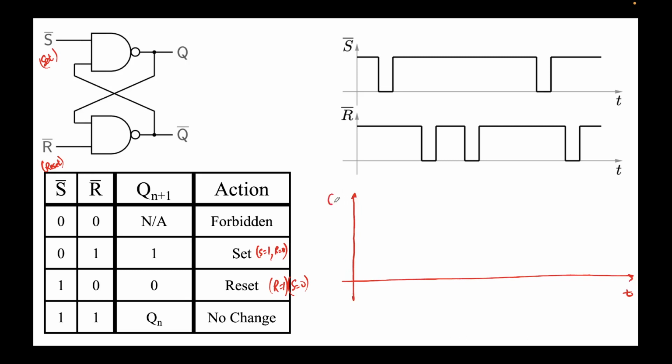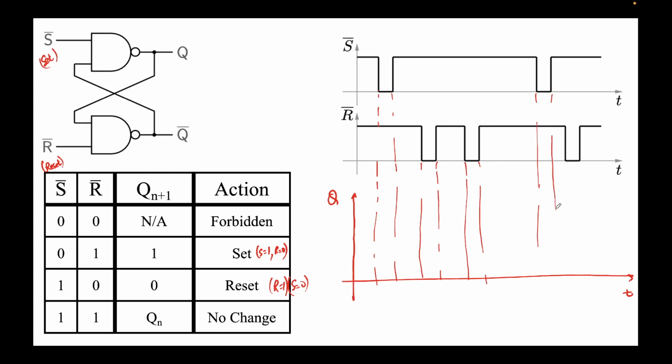Let's divide it into certain chunks so that we can apply the truth table. I'm highlighting all the transitions that are happening. After each transition, we'll see if there is any change in the value of output Q, and if there is a change, what is that change?